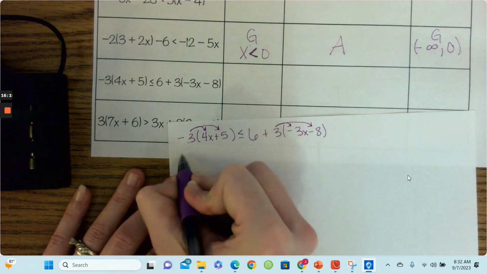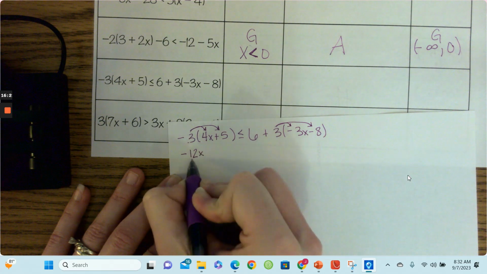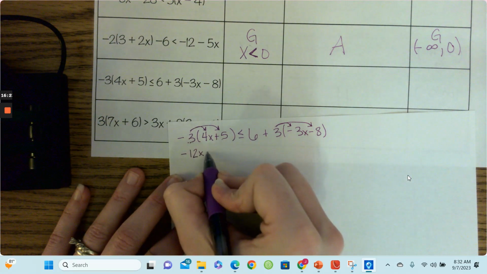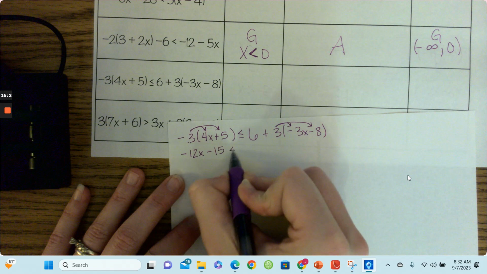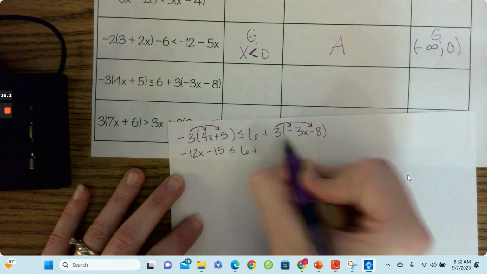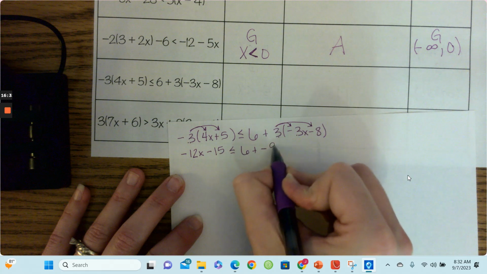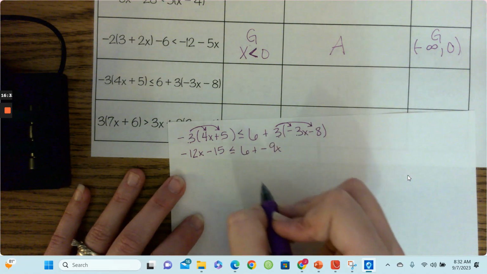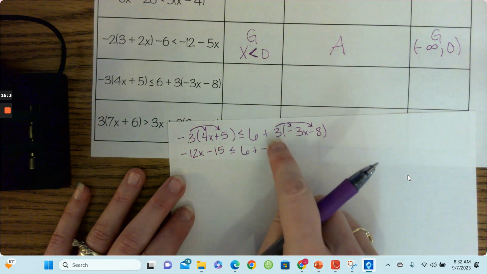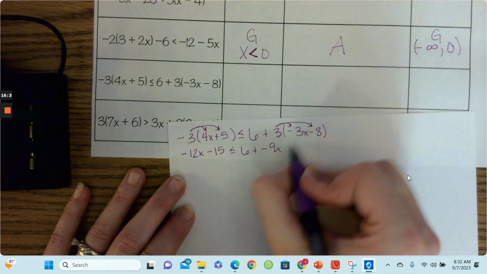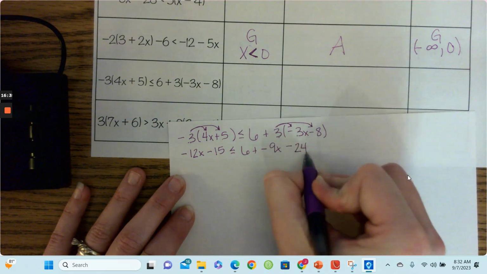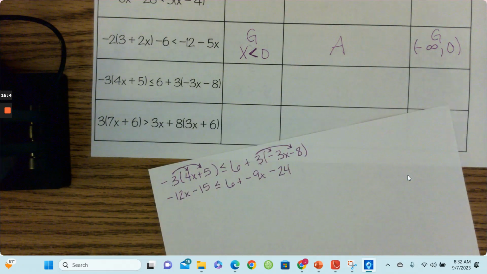Negative 3 times 4x is negative 12x. Negative 3 times a positive 5 is negative 15. 3 times negative 3x is negative 9x. I know I got a plus negative there, but it's fine for now. And then 3 times a negative 8 is negative 24.